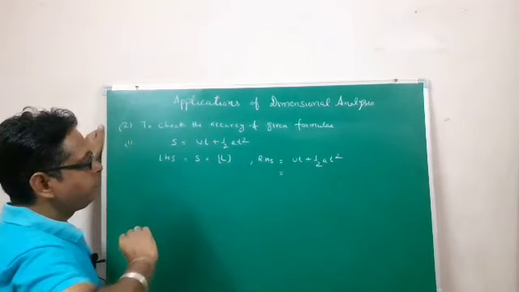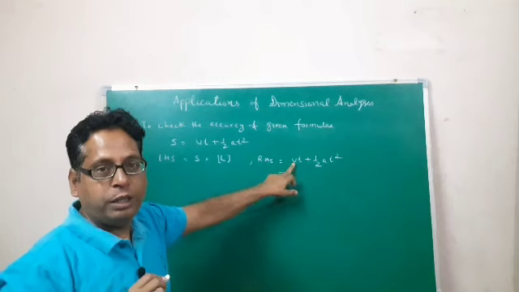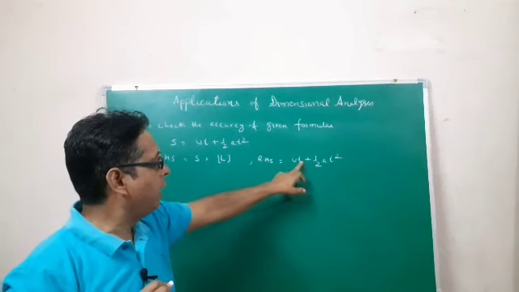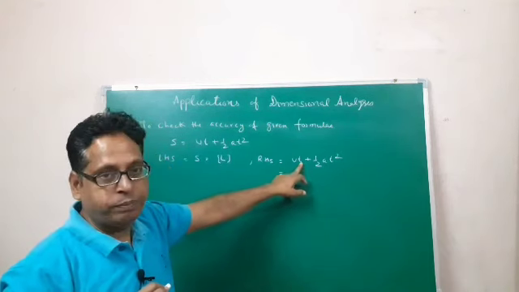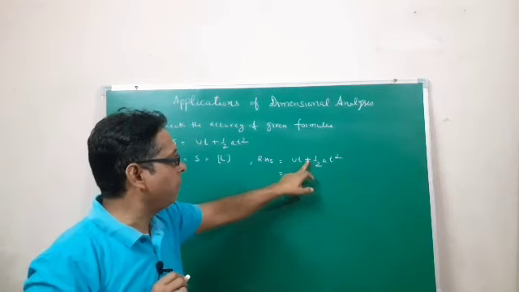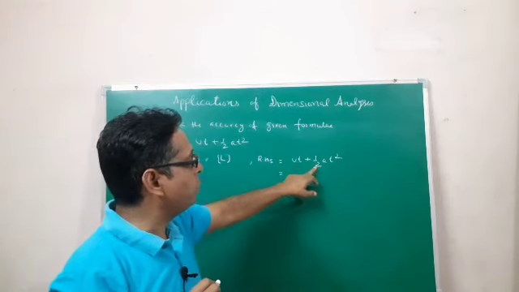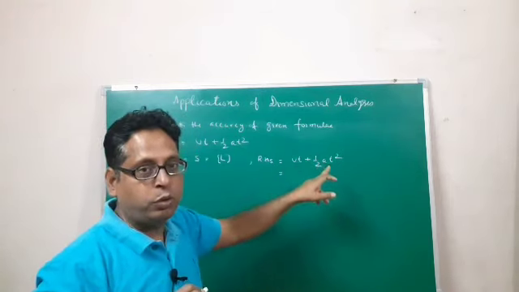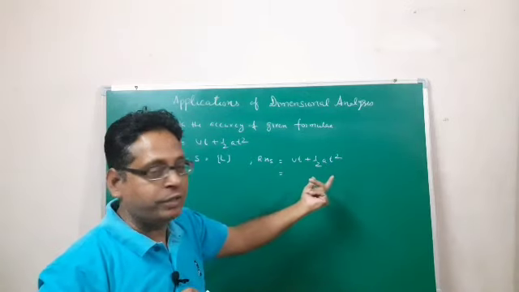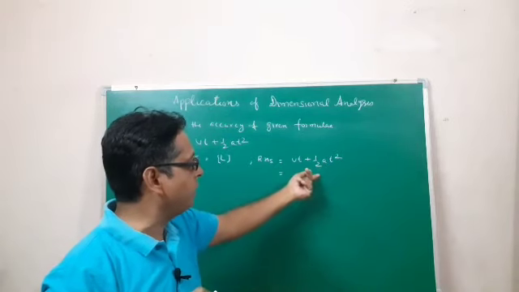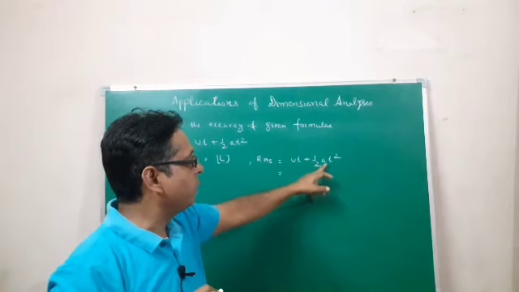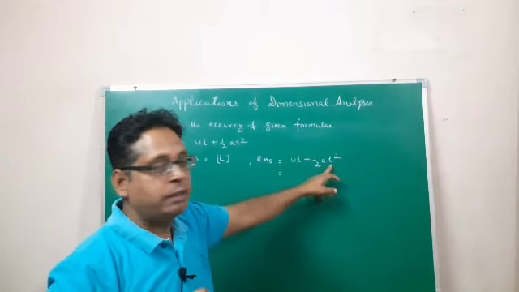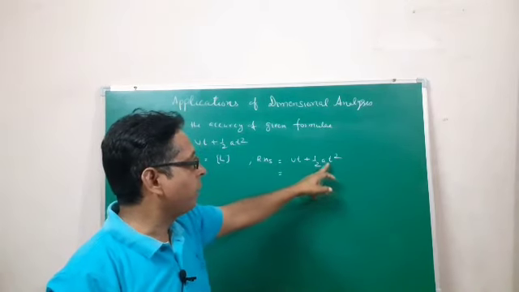So just see, u is velocity, which is L T minus 1, and this is time t, and plus 1 by 2 is constant. So you know constant has no dimension, so we will not write its dimension here. This is dimensionless. a is acceleration and t square, right?